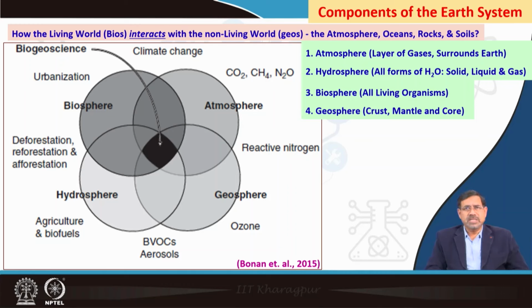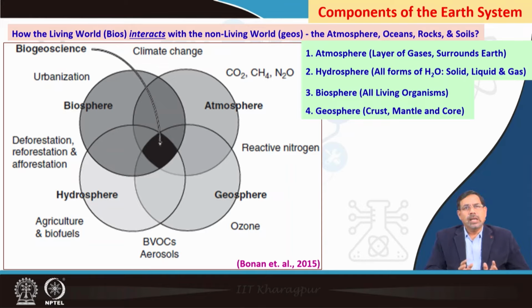So the components of the Earth system involve the interaction between and among the living and the non-living system. The living system is bio, so it has life, and the rest of the components we put under geos.